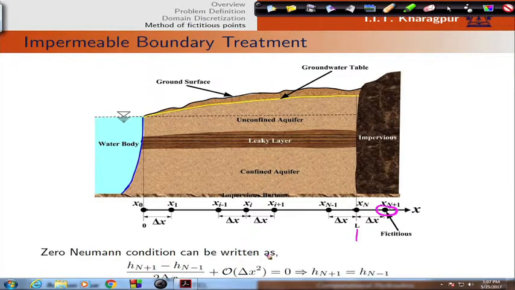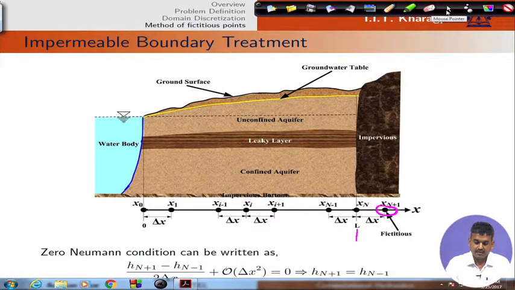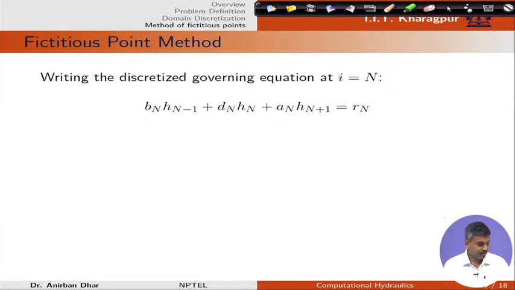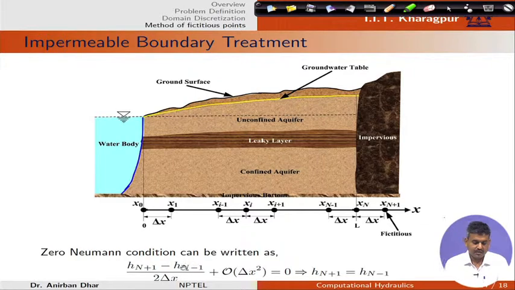So, the zero Neumann boundary condition can be written, with our previous knowledge, as the center difference, h n plus 1 minus h n minus 1 divided by 2 delta x. This is second order accurate. This implies that we have this value h n plus 1 equals h n minus 1.